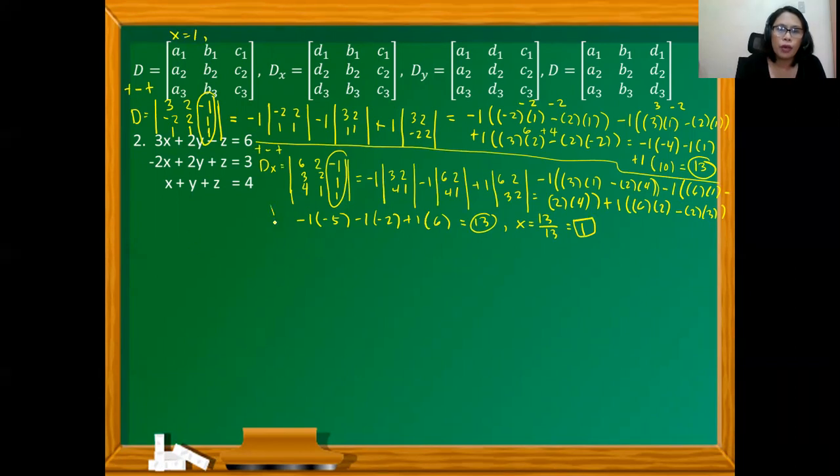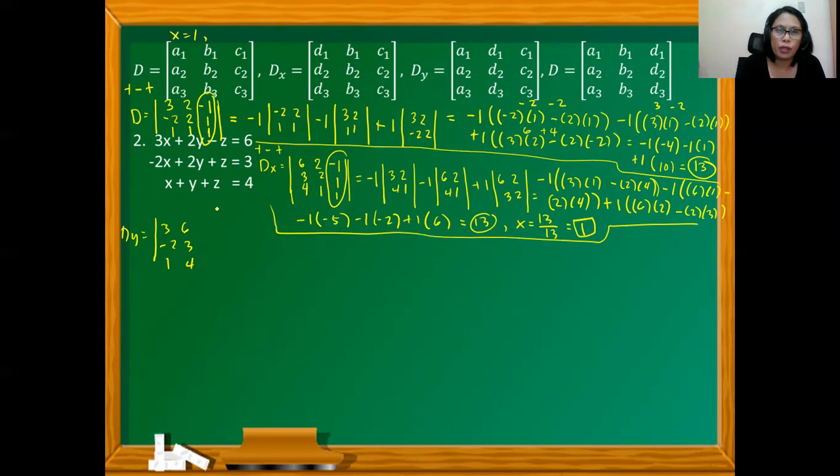Okay, let's work on d sub y. So for d sub y, so we're going to consider coefficients of x, 3, negative 2, 1, and then the constant term 6, 3, 4, and then the coefficients of z.